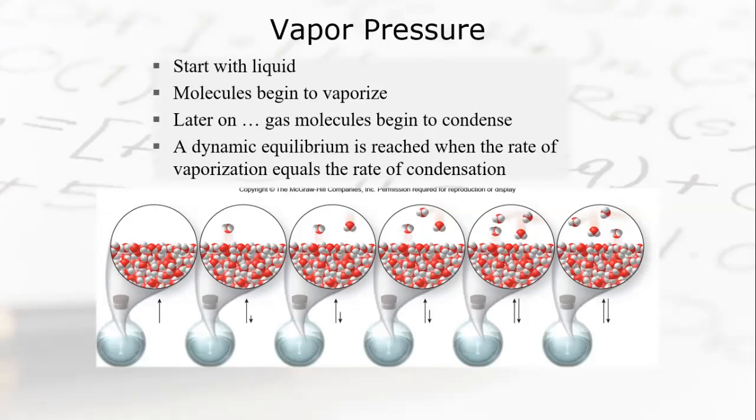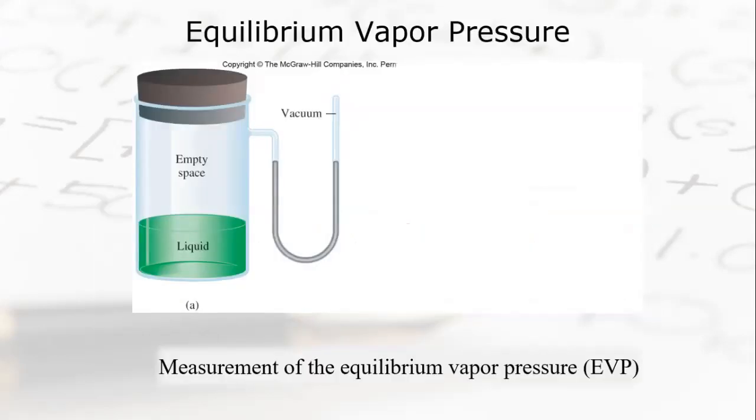If instead of a simple closed container, we had something like this, right, where we attach a U-shaped glass tube with a column of mercury in it, in the beginning, because you have essentially empty space above the liquid and above the mercury, the two sides of the mercury column stay the same.